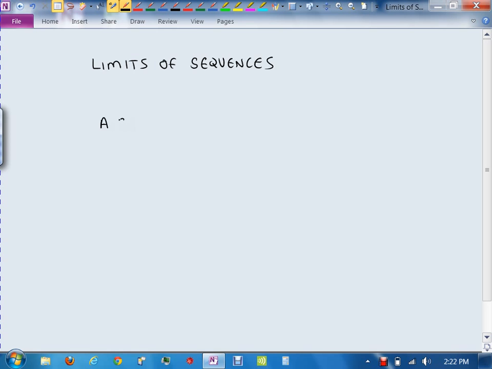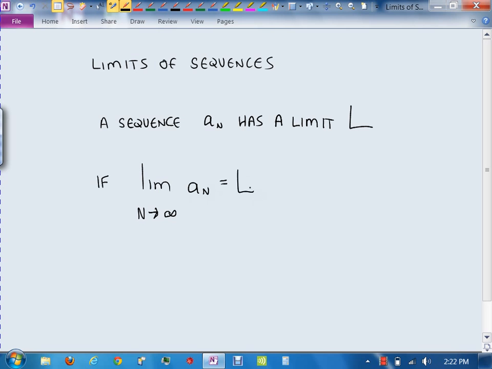A sequence, A sub n, has a limit called capital L if the limit as n goes to infinity of A sub n equals L.